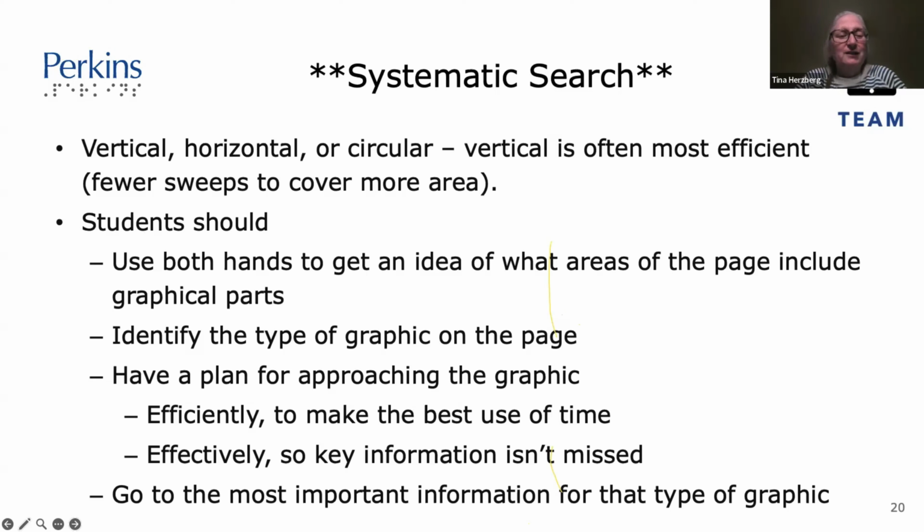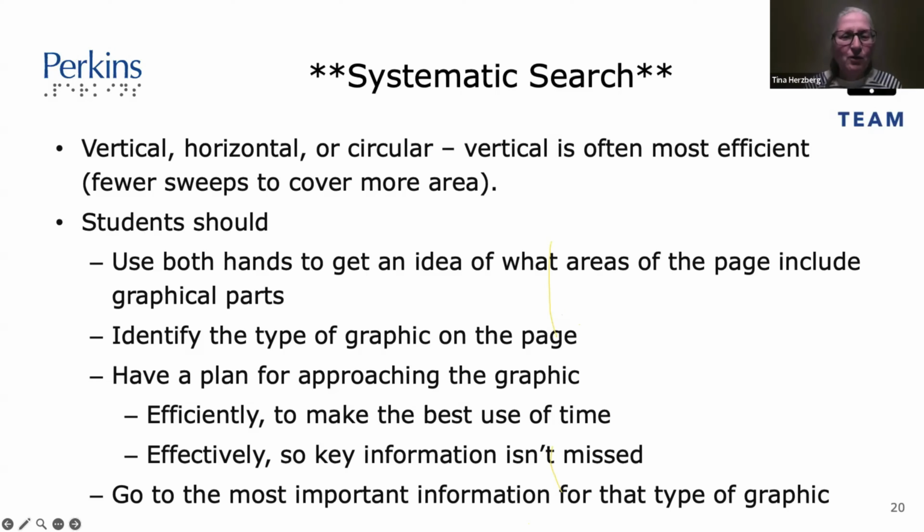So do we want to have a vertical or horizontal or circular search pattern? Vertical actually is often the most efficient because there's fewer sweeps to cover more area. Students should also use, once again, both of those hands to get an idea of what area on the page they include and what type of graphic it is.